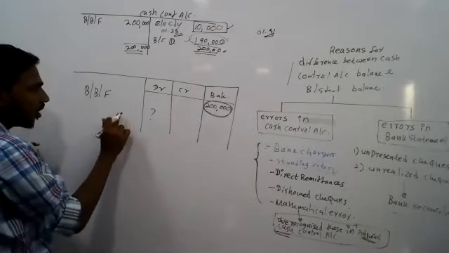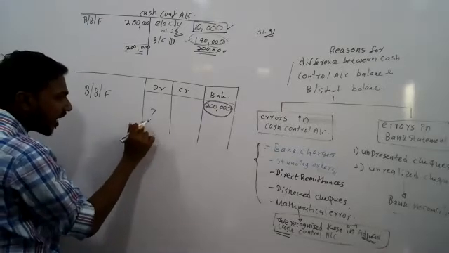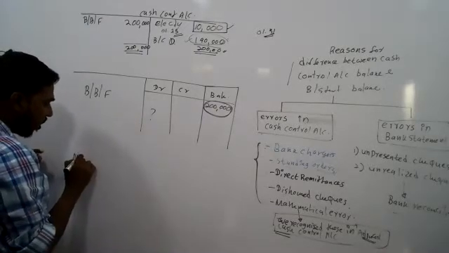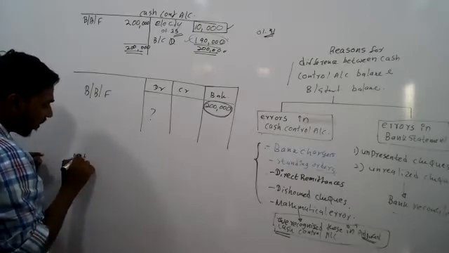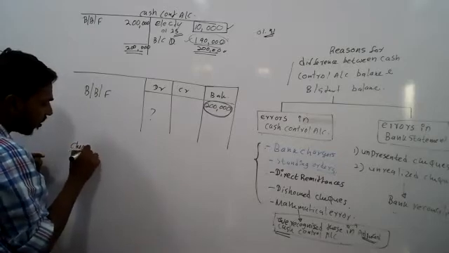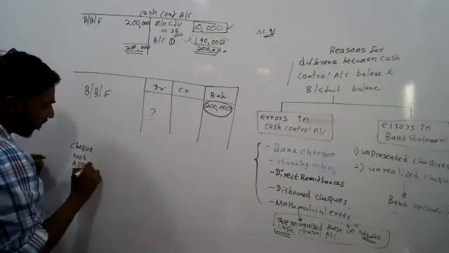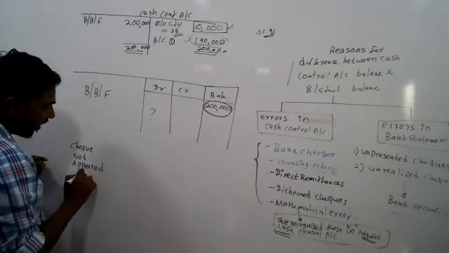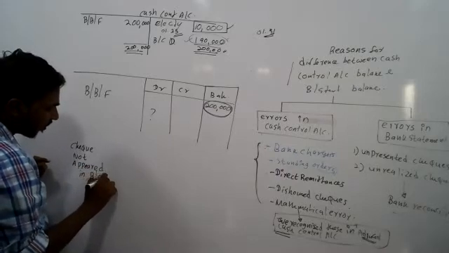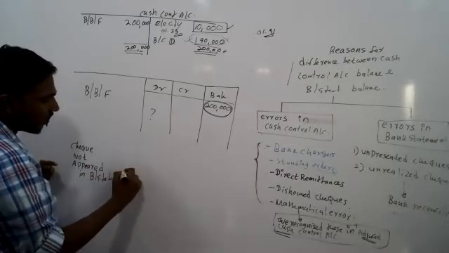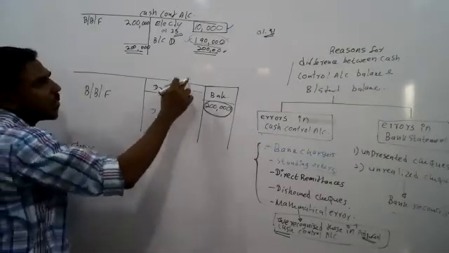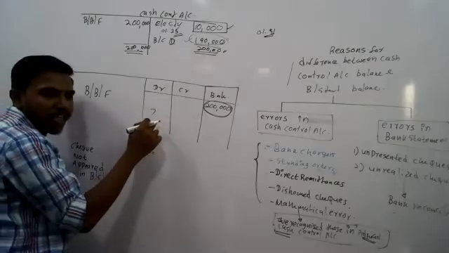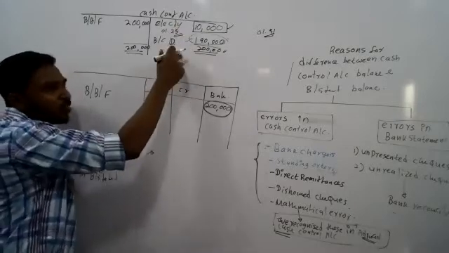Unpresented check. How do you recognize it as an unpresented check? It is a check made but not appeared in the bank statement. Check not appeared in bank. Now this check has not appeared in the bank statement because Danushka didn't go to the bank for this payment.